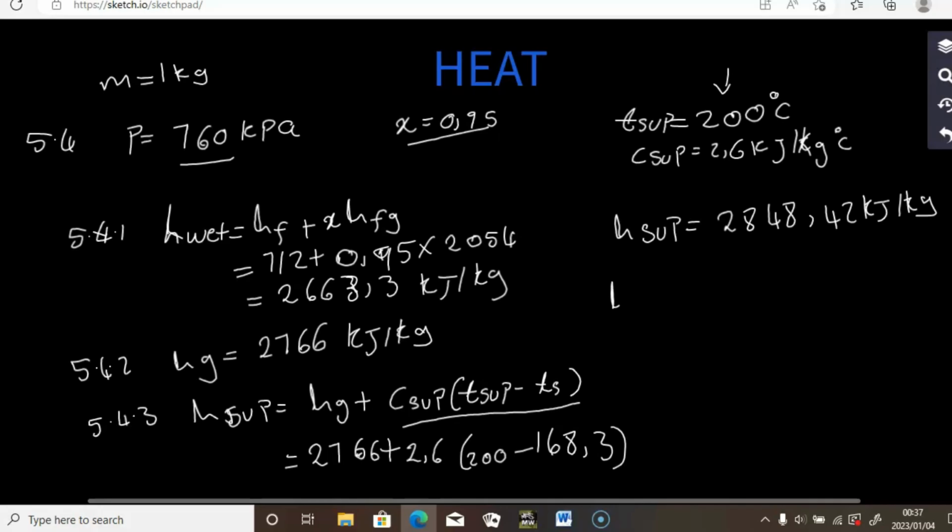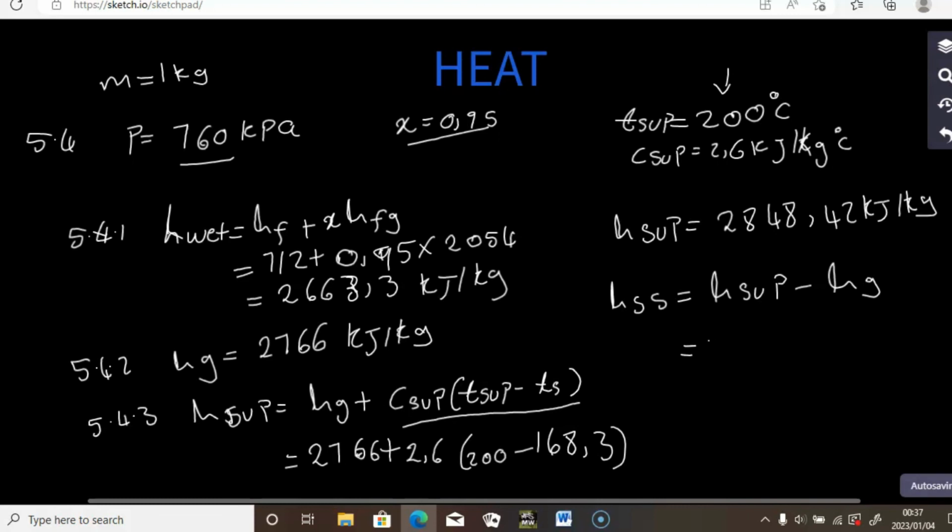And then the HSS, which is the heat energy that was added to the dry steam, turning it to superheated steam with a temperature of 200 degrees Celsius. The formula is H sup minus Hg.